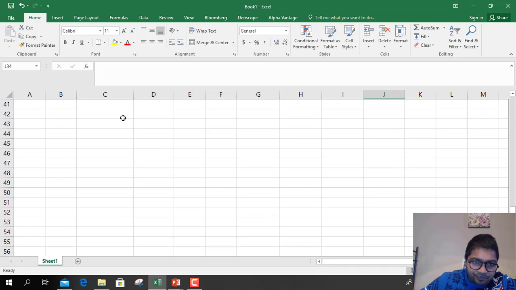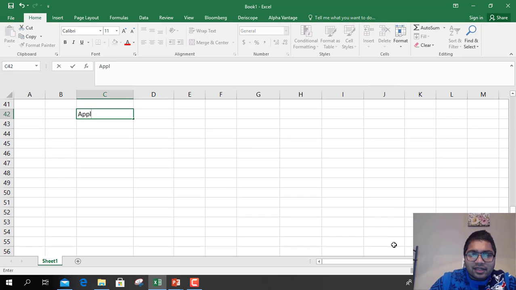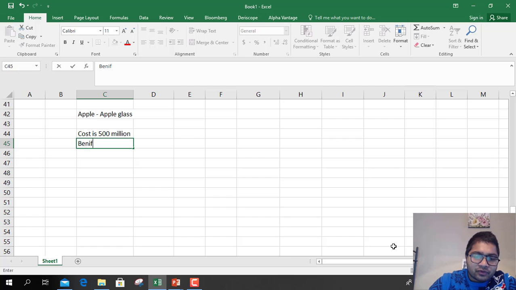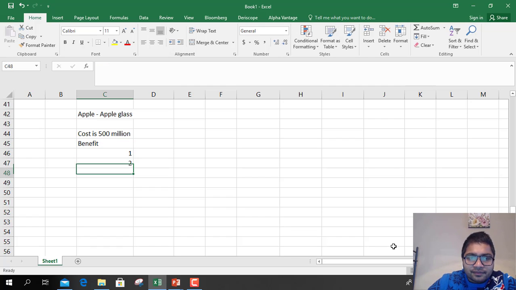Let's do one more. Let's consider you're Apple and you're looking at Apple Glass. Again your R&D team comes in and says they need $1 billion, or let's say $500 million, to create Apple Glass. So the cost of this project is 500 million. The benefits will occur for the next 10 years.